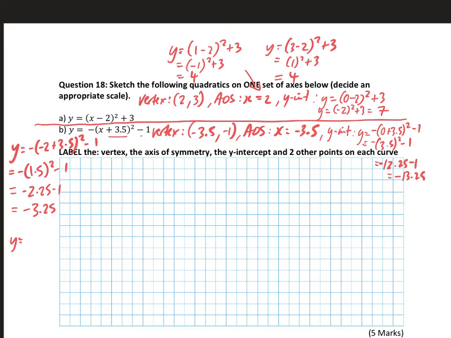Let's go a bit further away from negative 3.5. Let's go negative 5 plus 3.5 squared, take 1. Y is equal to negative 5.